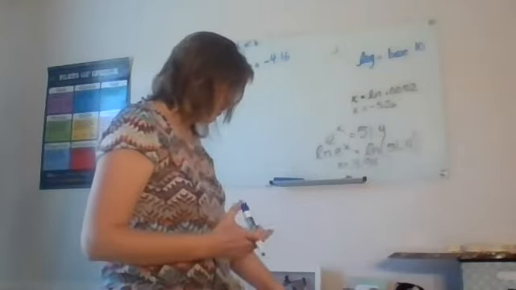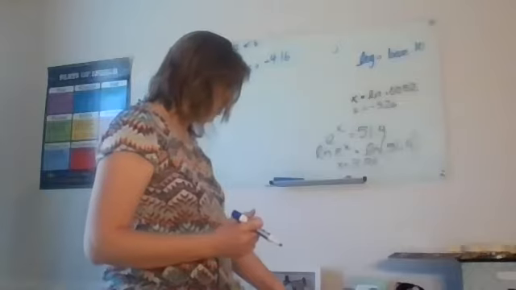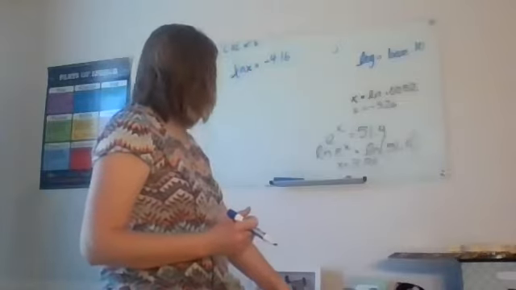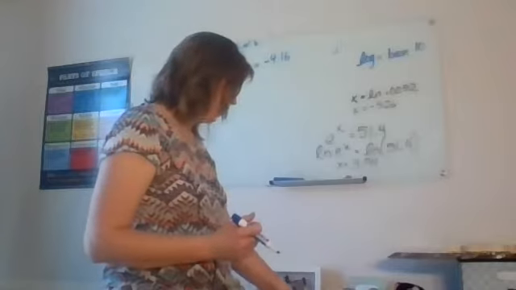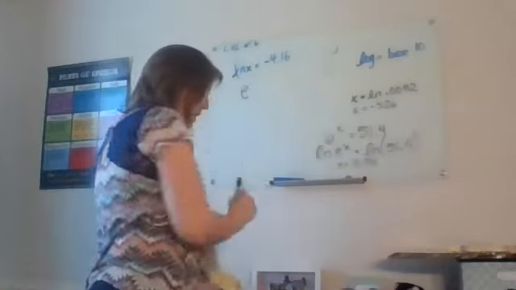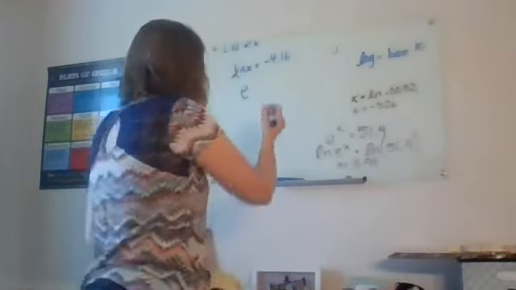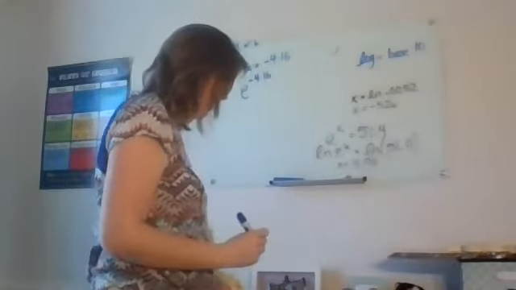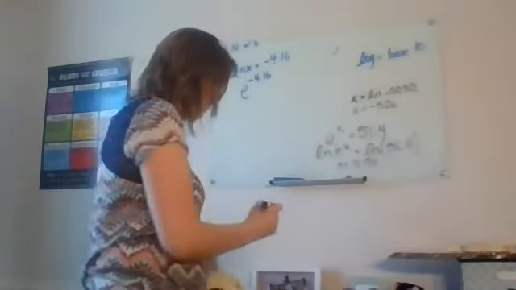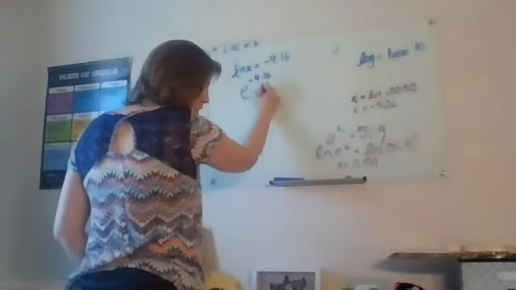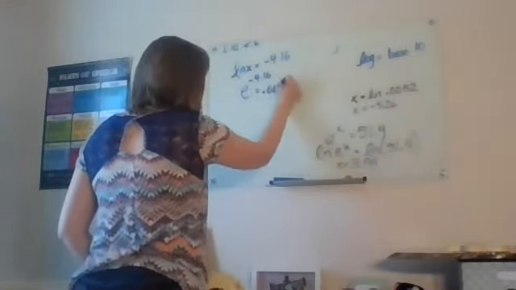I'm going to use the inverse logarithm: x equals e raised to the ln of x. So I'm looking for e raised to the negative 4.16. What does it end up being? My answer is 0.0156.